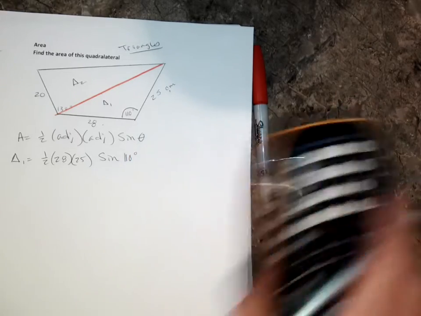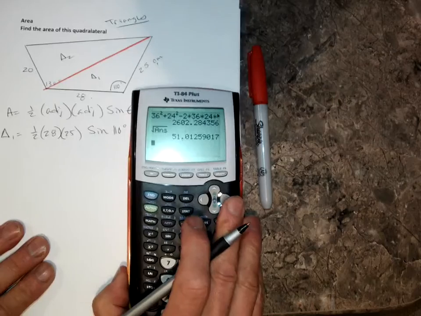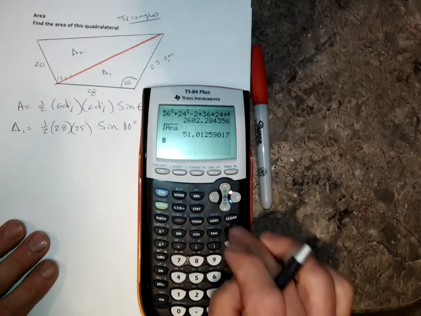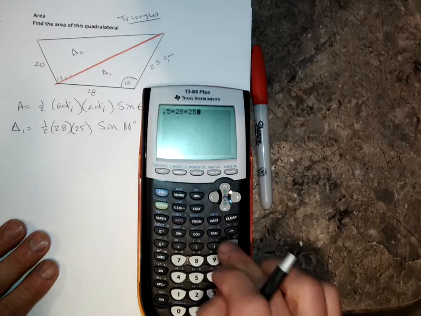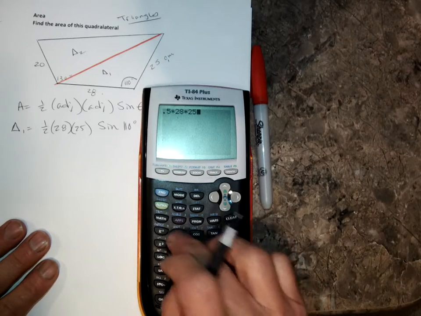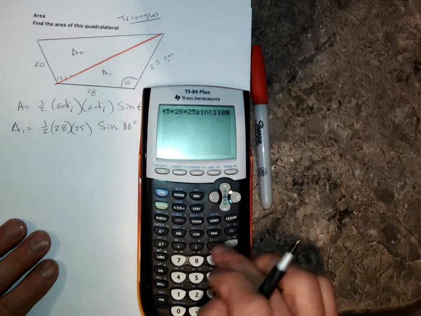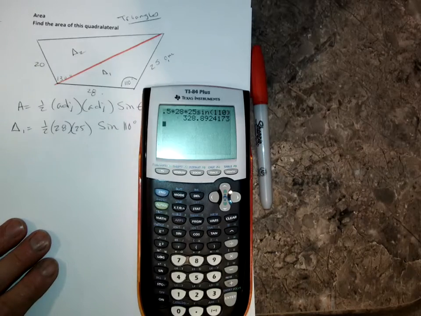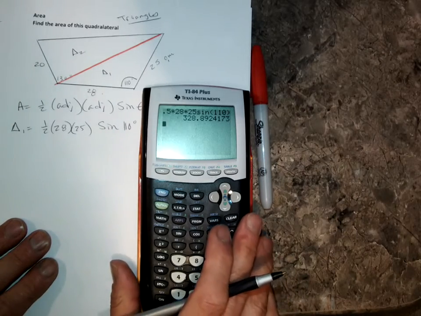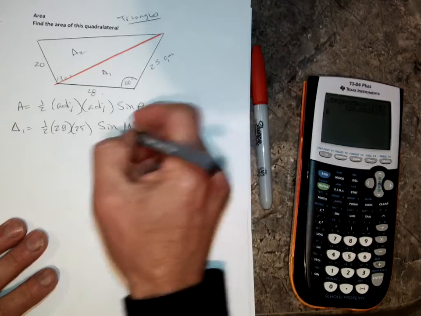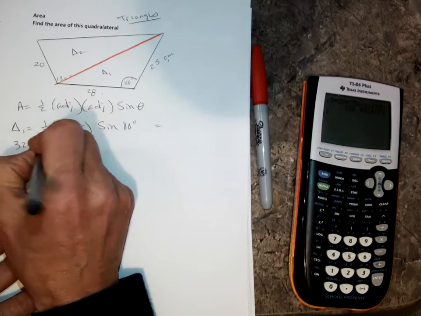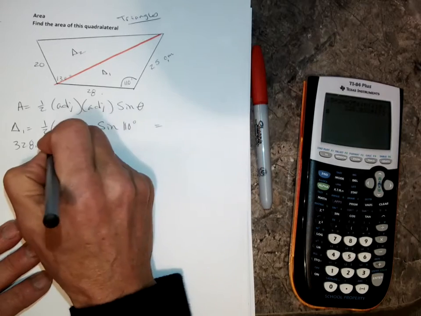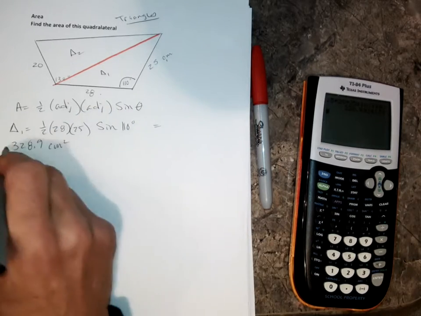Okay, and I'm just going to use my calculator. See what I get. So clear, 0.5 times 28 times 25 times the sine of 110 degrees. About 328.9. Okay, 328.9 centimeters squared. Okay, so I'm going to circle that and come back to that.